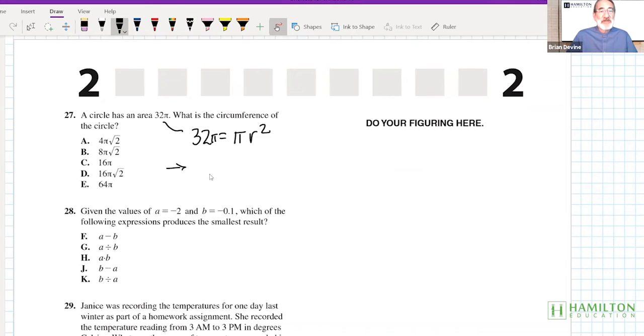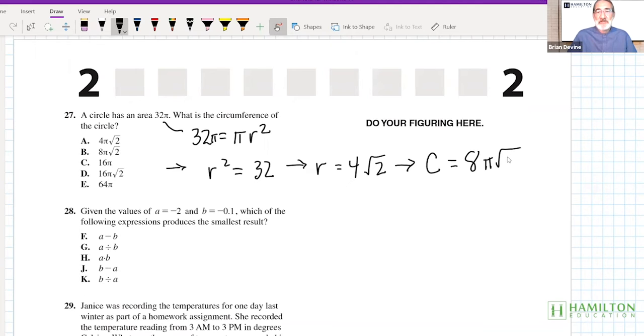Well, then the radius squared must be 32, which means that the radius must be the square root of 32, which is 4 root 2. And the circumference is 2 pi r, so 8 pi root 2, B.